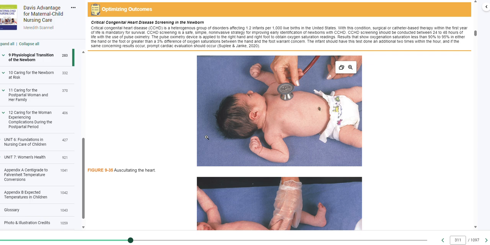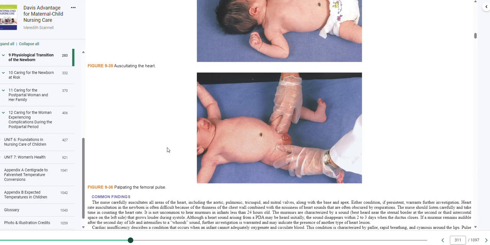So we're testing O2 sats maybe on a right foot and a right hand, or blood pressure cuff on a right foot and a left hand, or left foot and left hand. They can do it on the same sides, and then they pick one that they do as opposite sides. And that's on page 311.